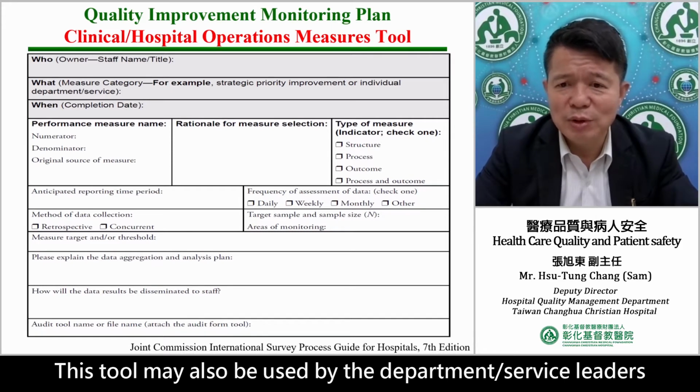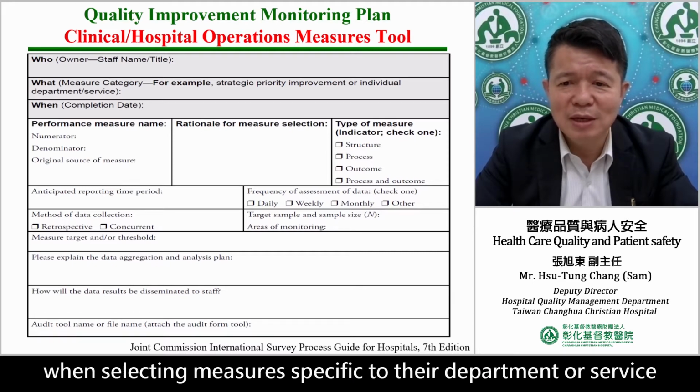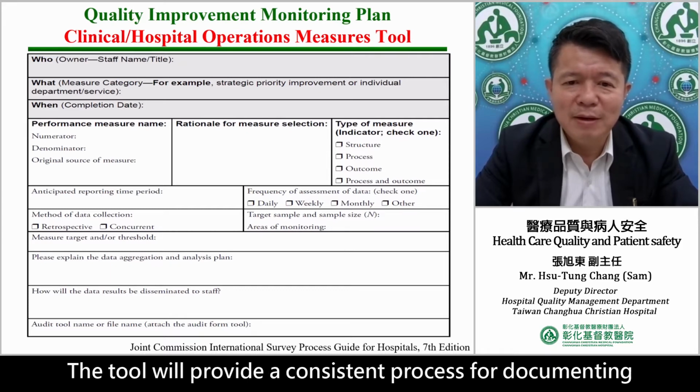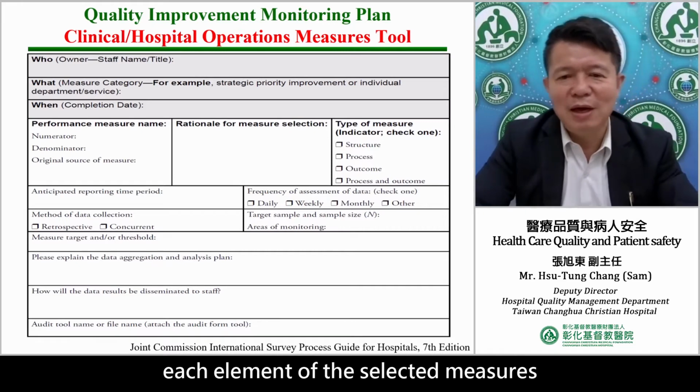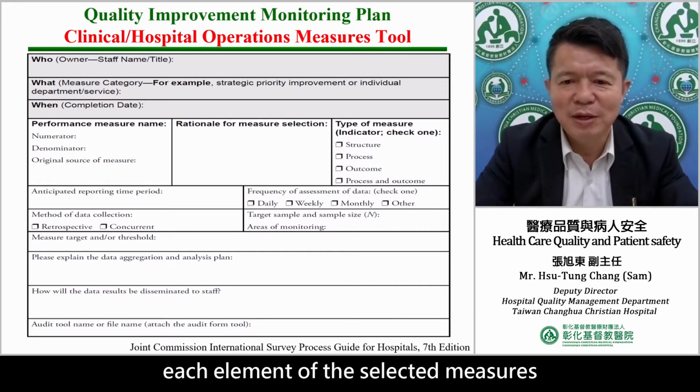This tool may also be used by the department service leaders when selecting measures specific to their department or service. The tool will provide a consistent process for documenting each element of the selected measures.